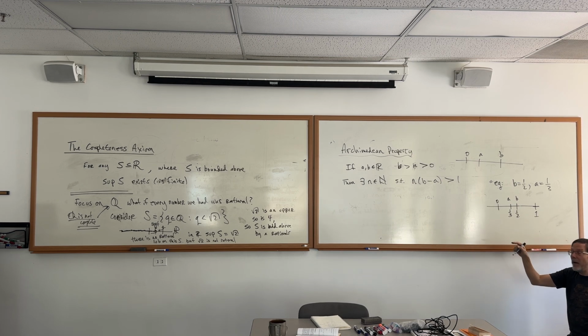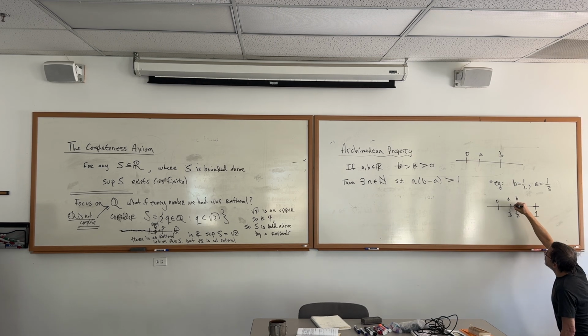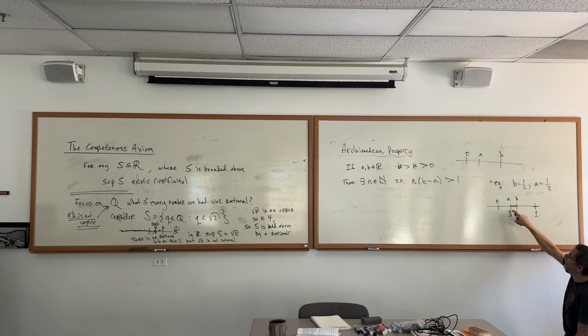The Archimedean property says that for the distance between them, I can find some whole multiple of it that's more than 1. First off, b minus a is 1/6. Half minus a third is 1/6.